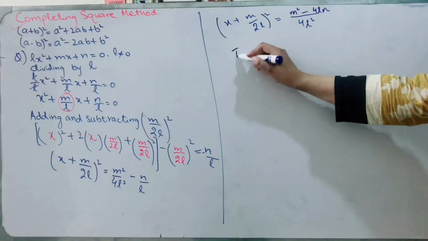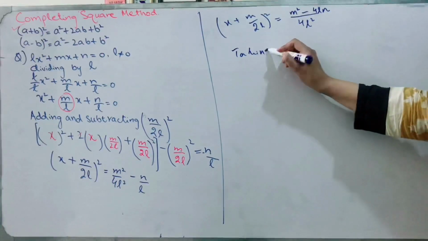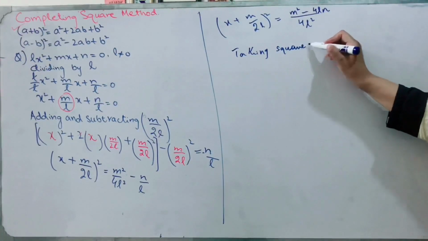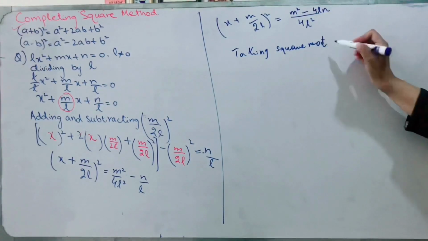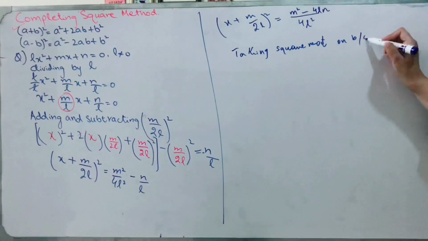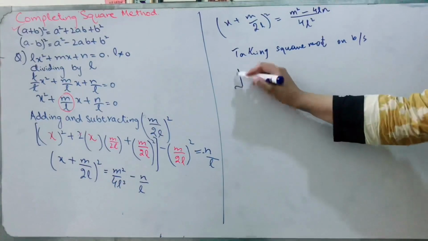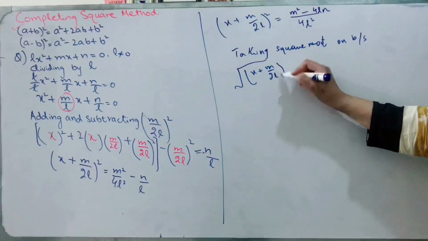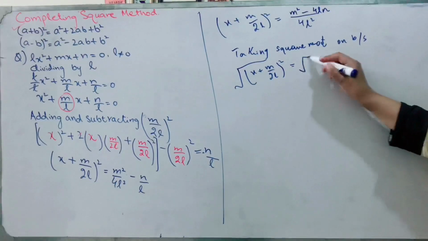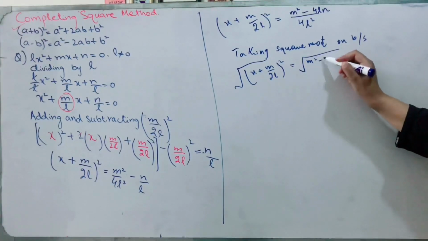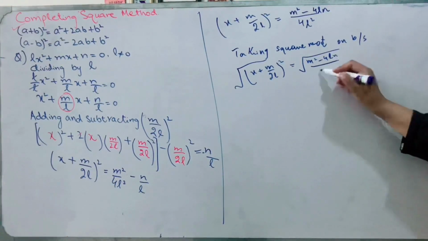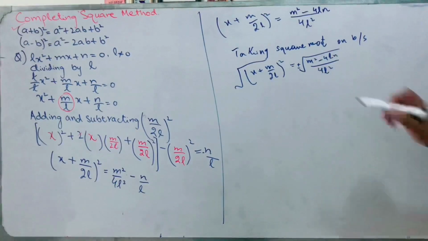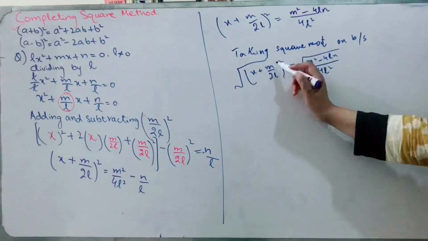In the next step, taking square root on both sides. When you take square root on both sides, x plus m by 2l whole square is equal to m square minus 4ln by 4l square. You know, square root opens in plus and minus sign.